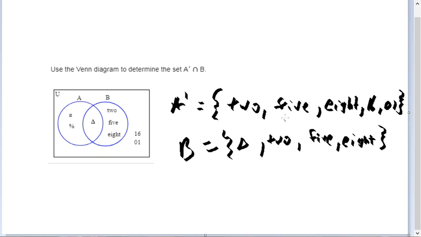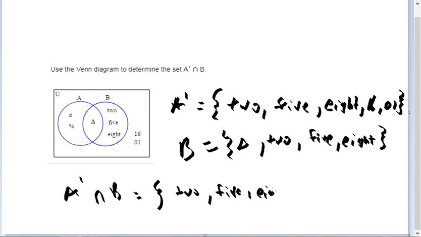It looks like 2, 5, and 8 would be A's complement intersection with B. So A's complement intersection with B would be equal to the set containing 2, 5, and 8. Okay, and that's it for that one.